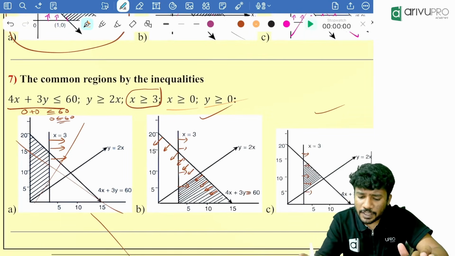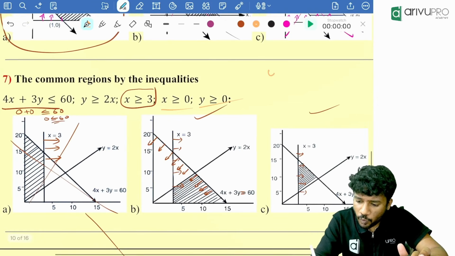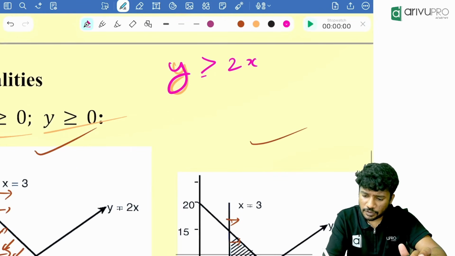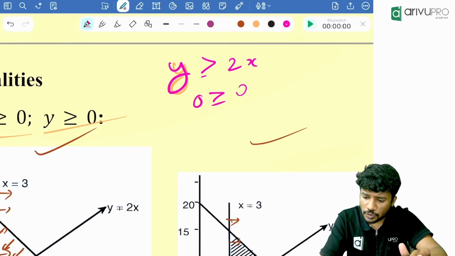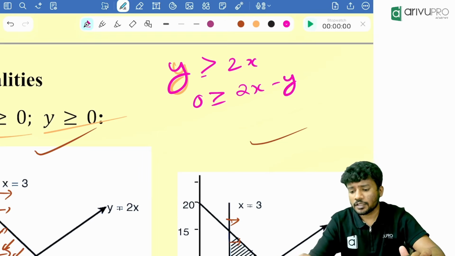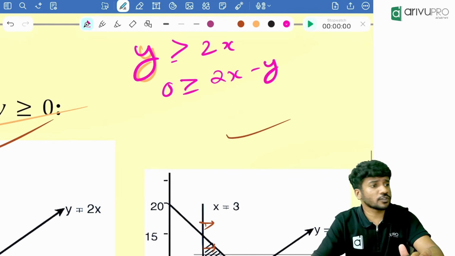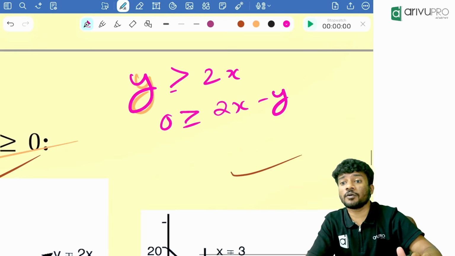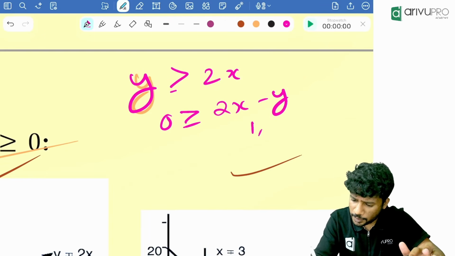Then 2y is greater than or equal to what? 2x. So if I change the number, that means 0 is greater than or equal to 2x minus y. Now, which value you will assume? Kalei, which value you will assume whenever it is coming like this? We will assume 1, 0. Assume 1, 0.